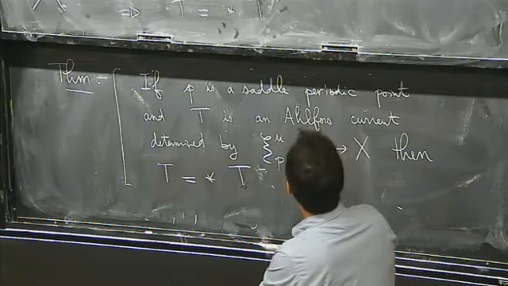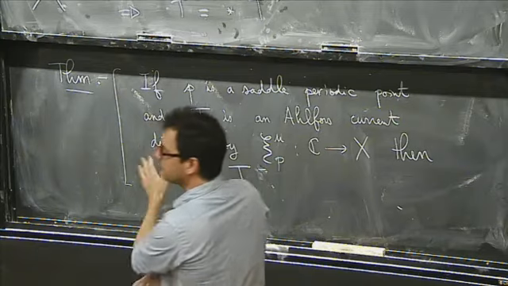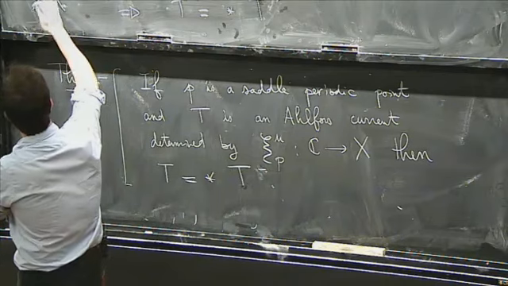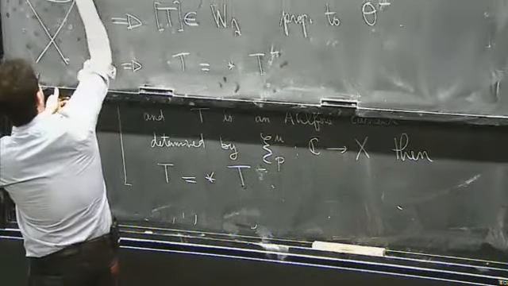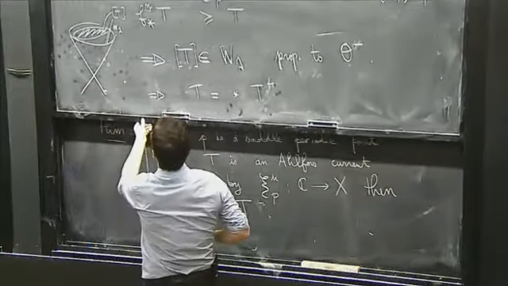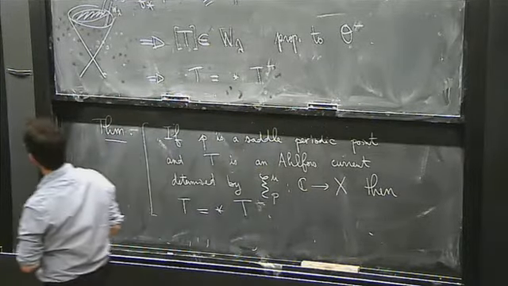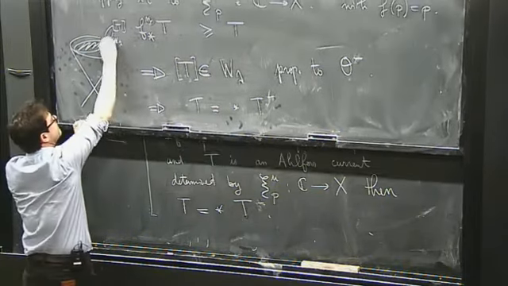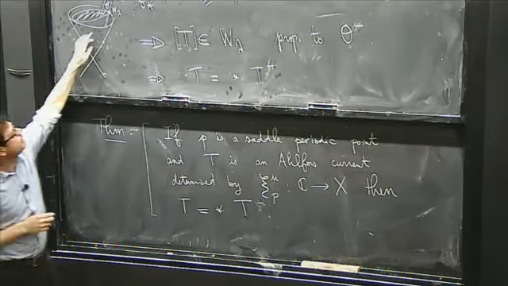Let me summarize what I did. I looked at the action on the cohomology on H11. I explained that just by using the Hodge index theorem and linear algebra, there is a well-defined ray W lambda here. So this is given by the complex structure, by the geometry. Then I explained that if I fix the class theta plus here, there is a unique closed positive current which represents this class theta plus.